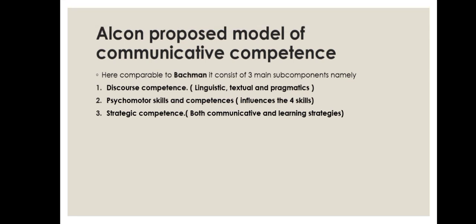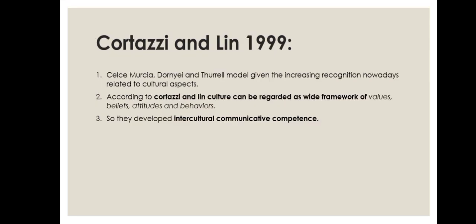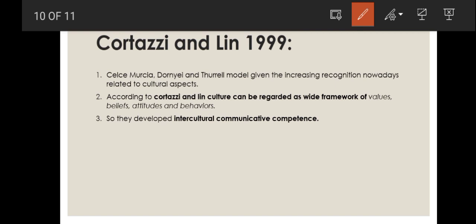Okay, so I'm moving towards the last theorists, Cortese and Lynn, in 1999. The Celce-Murcia, Dornyei, and Thurrell model is gaining increasing recognition nowadays in relation to cultural aspects. So Cortese and Lynn were the ones who proposed the cultural aspects.